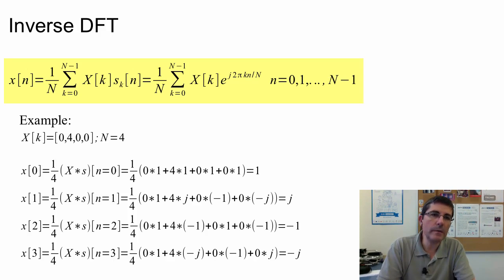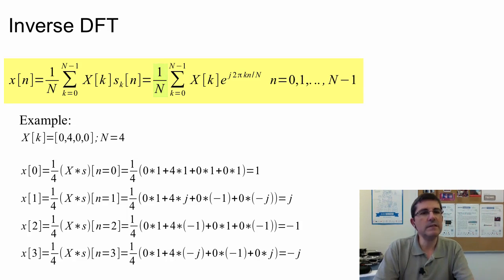We multiply by complex exponentials, but in this case it is not a negative exponential, it is a positive exponential, because we are not taking the conjugate. So we are basically multiplying the spectrum by a complex exponential, and then we are summing over all these results over all capital N samples, and then there is a normalization factor that we include, which is 1 over N.